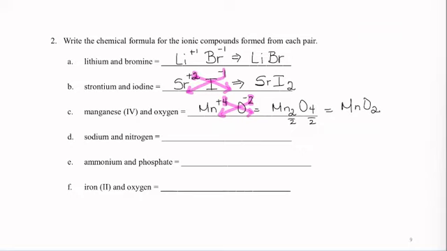Letter D, sodium and nitrogen. What is the chemical formula for that ionic compound?